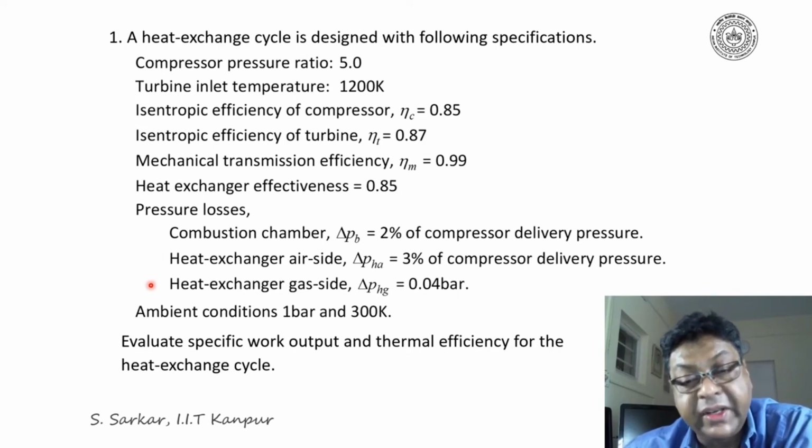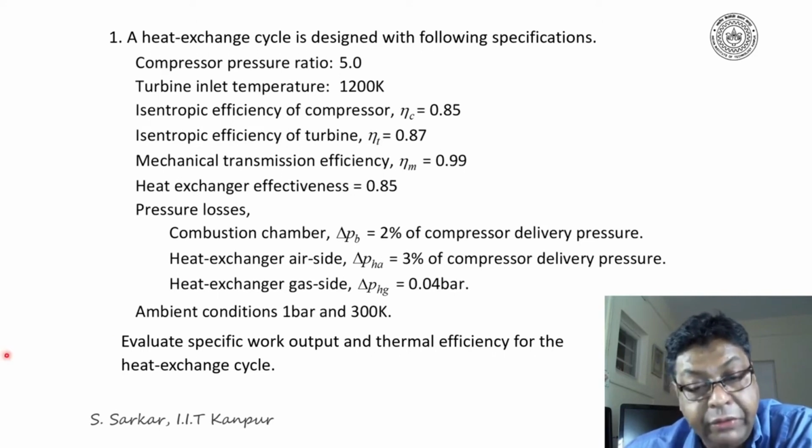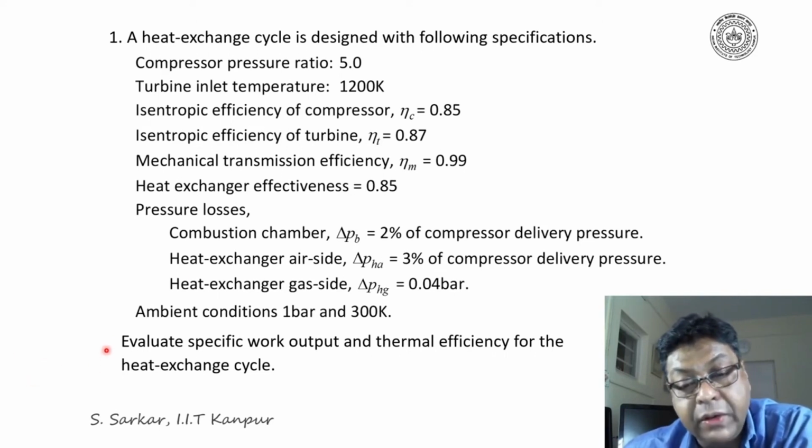Heat exchanger gas side, del PHG, is equal to 0.04 bar. Ambient conditions are given as 1 bar and 300 K. Evaluate the specific work output and thermal efficiency of the heat exchange cycle.